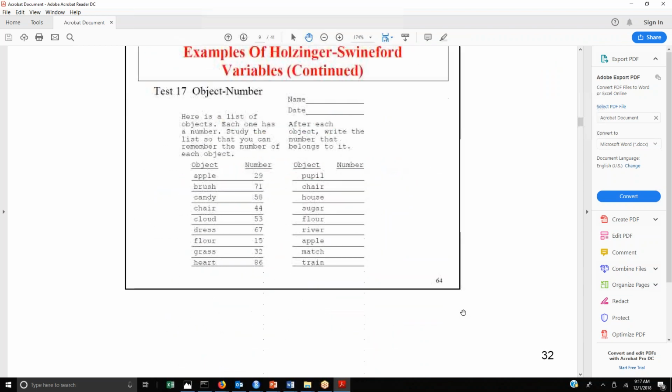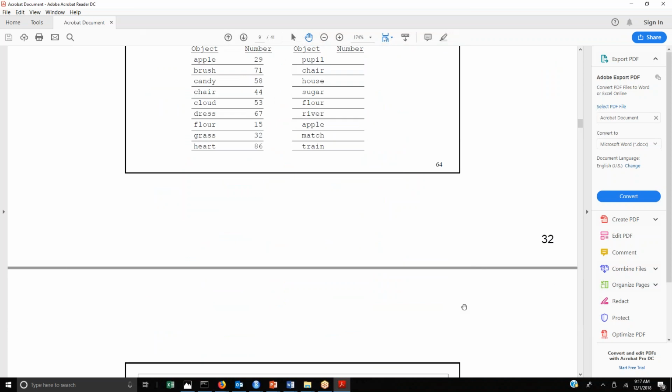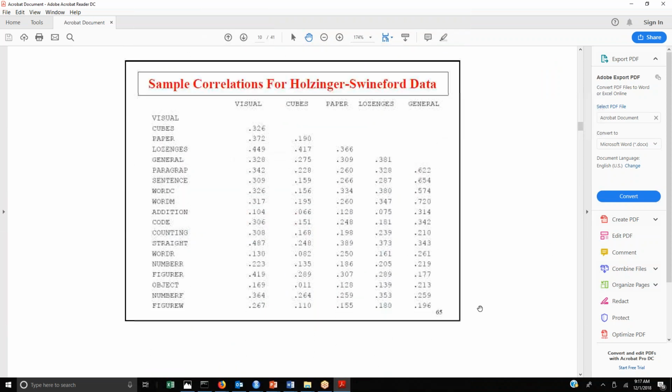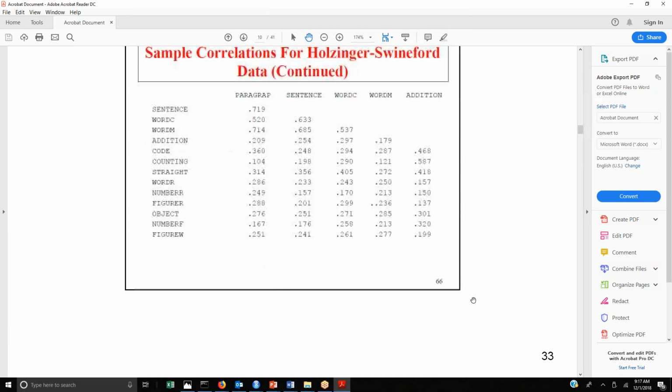Yes, sir. Excellent. Okay. You remember, the rotation issues are there about factor analysis. There is no unique solution. You can get different answers depending upon what type of rotation you have.